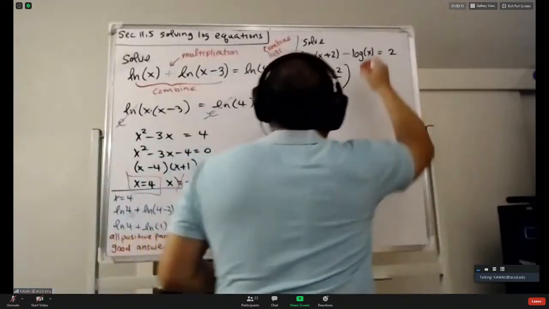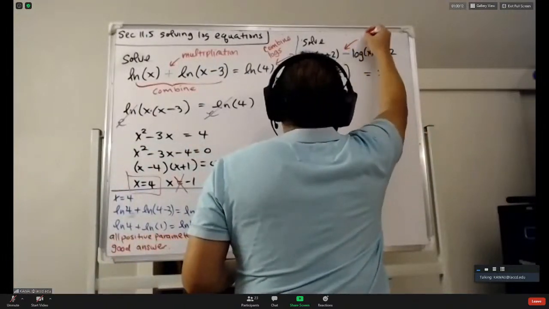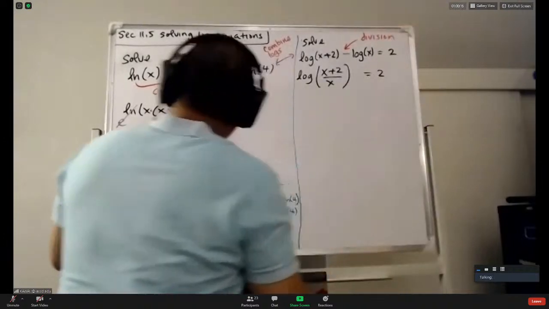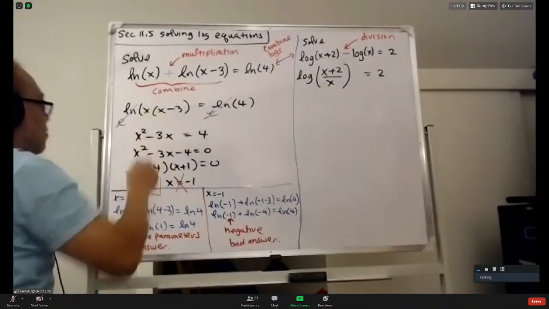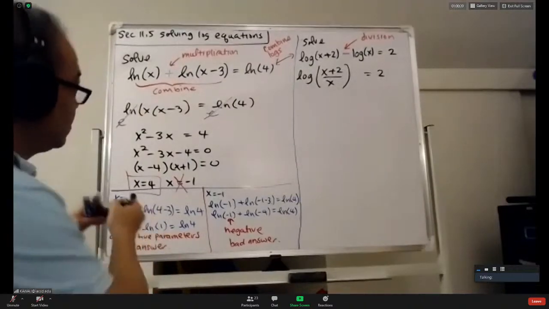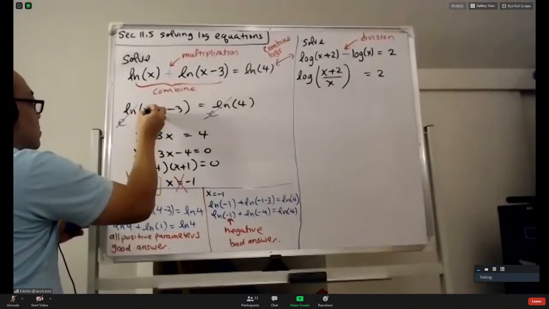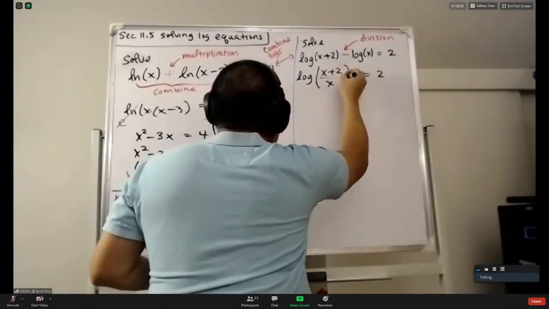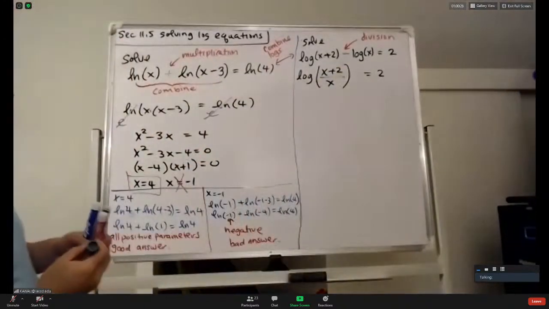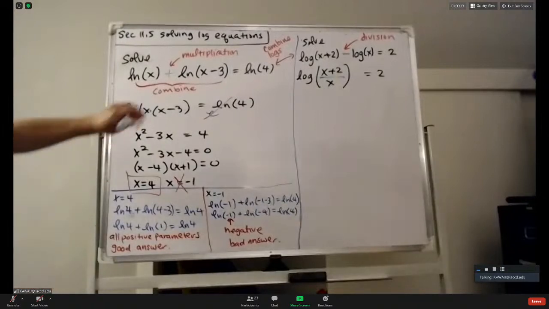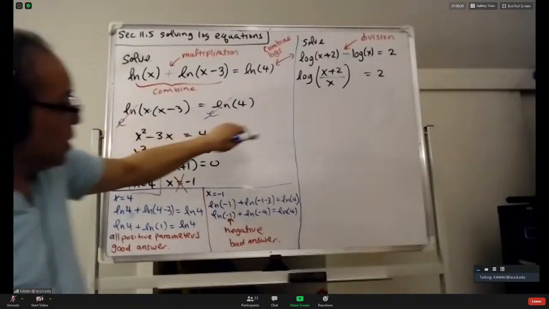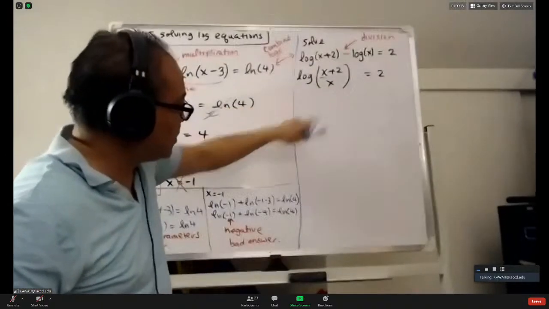Over here, this means division. So over here, if we have a plus, it turns into a multiplication. If we have a subtraction, it turns into a division.